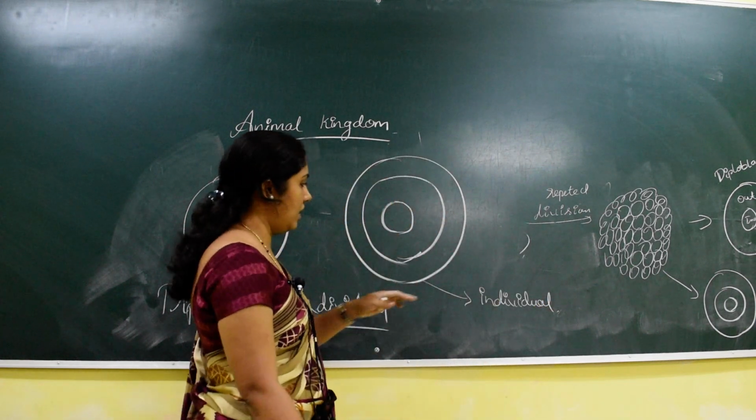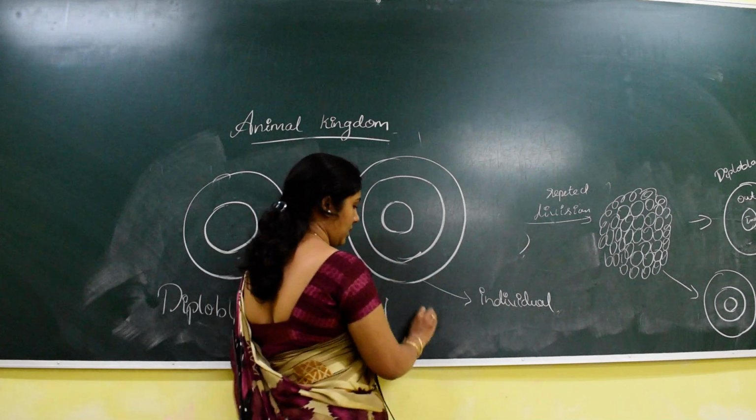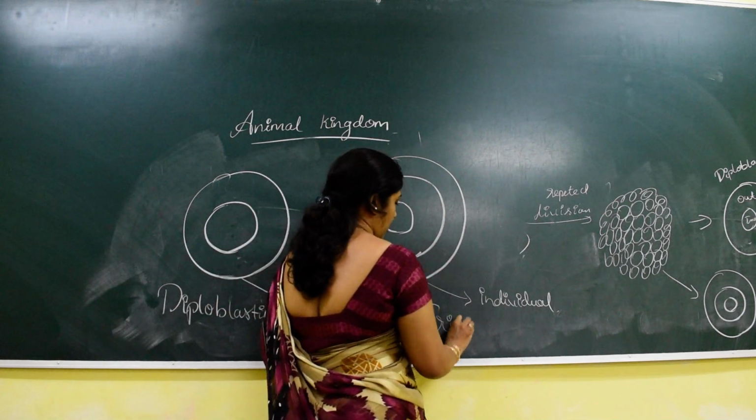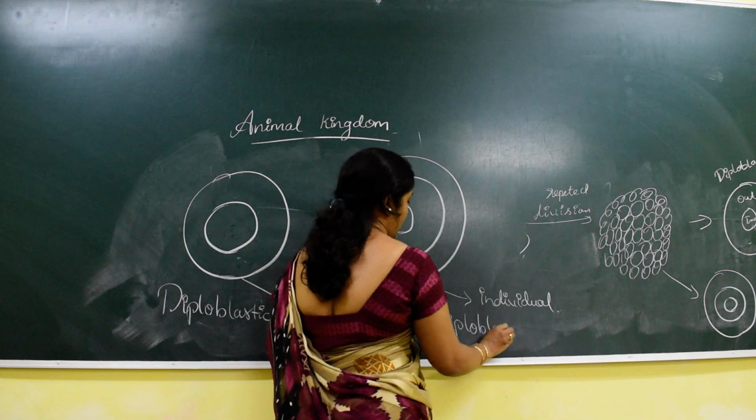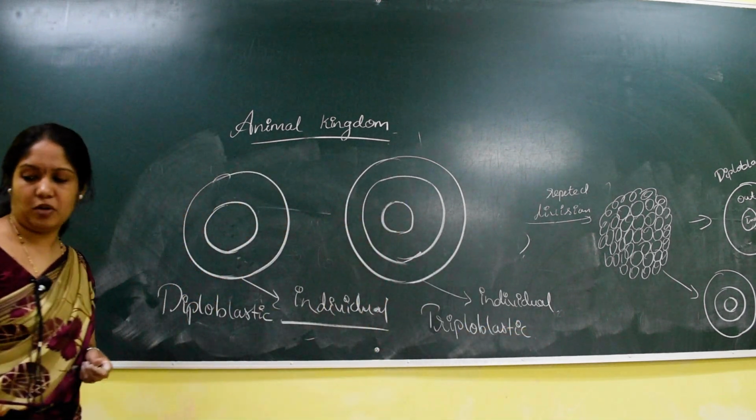If the individual organism is developed from three germ layers, that type of organism is called triploblastic.